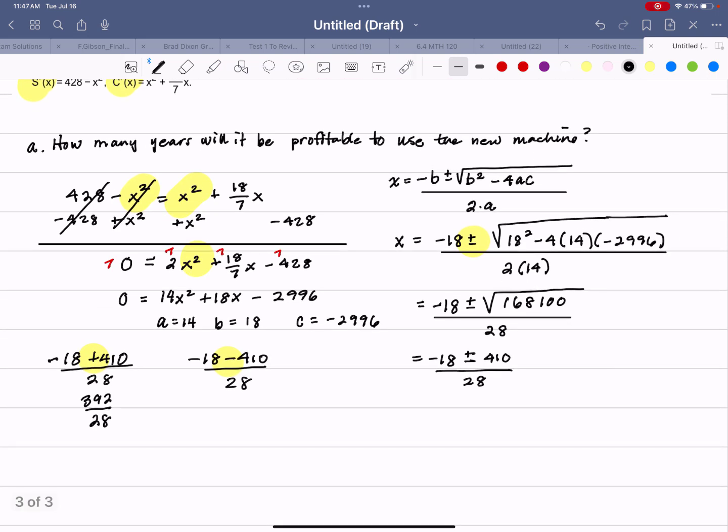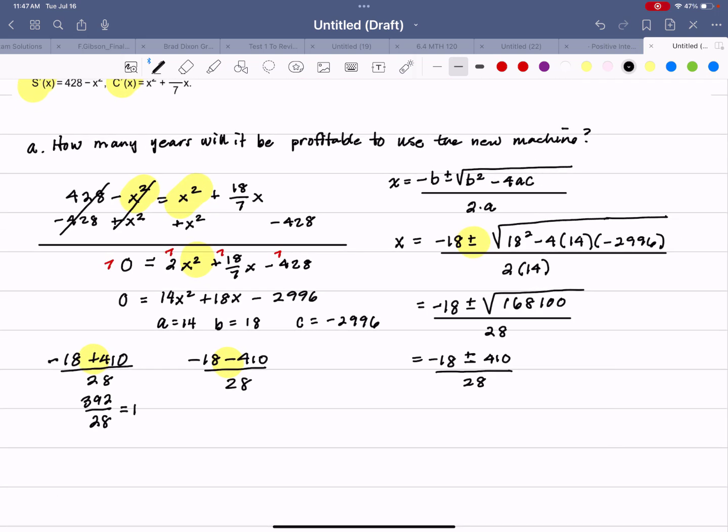And that comes out to exactly 14. Now this other one, negative 18 minus 410, is negative 428 divided by 28. And that comes out to negative 15, and I'm going to round it to 3 places because it's not exact, point 286.